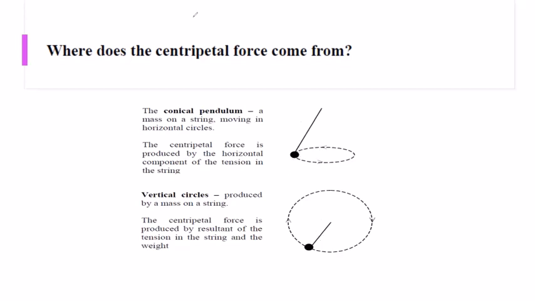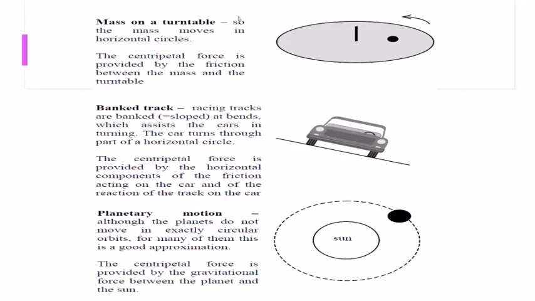Same way, for example, motion on a turntable: a small mass is placed on the turntable, which is rotating in a circular path. Naturally, the object tends to move away from the circular path, so friction is the force opposing this. If there is enough friction, the object will remain on the circular track and move with the turntable.